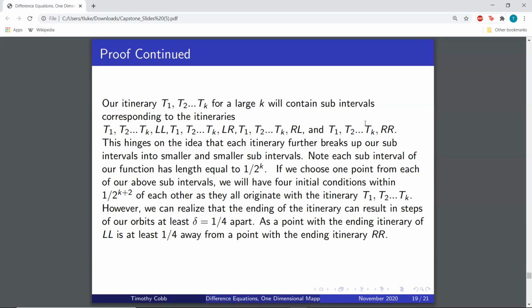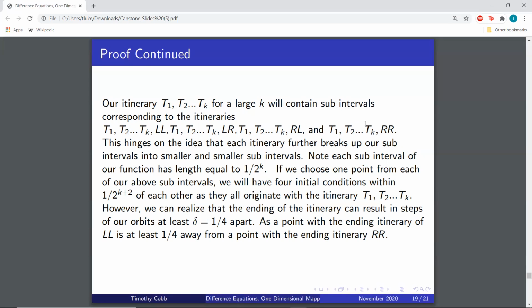However, we can realize that the ending of the itinerary can result in steps of our orbits at least delta equals 1/4 apart, as a point with the ending itinerary of LL is at least 1/4 away from a point with the ending itinerary RR. So essentially, we have 4 initial conditions, one with the itinerary ending in LL, one ending in LR, one ending in RL, and one ending in RR.